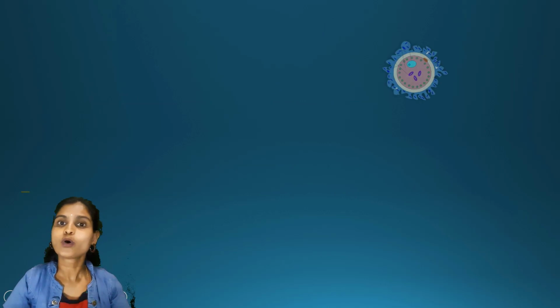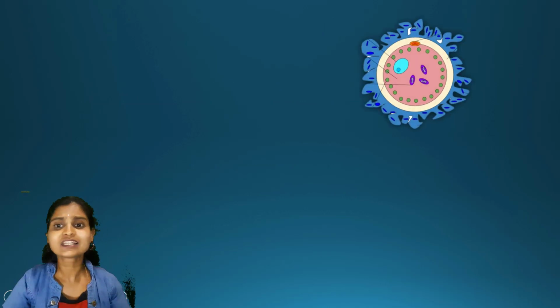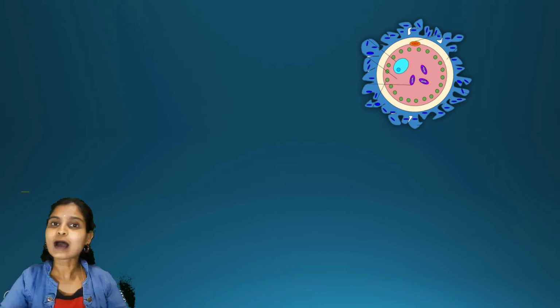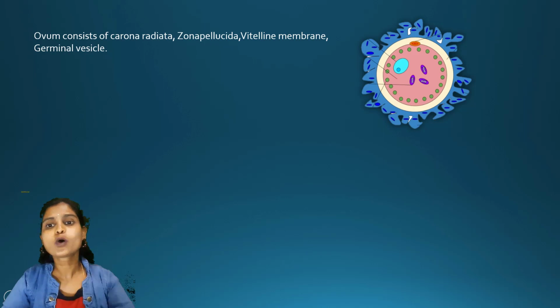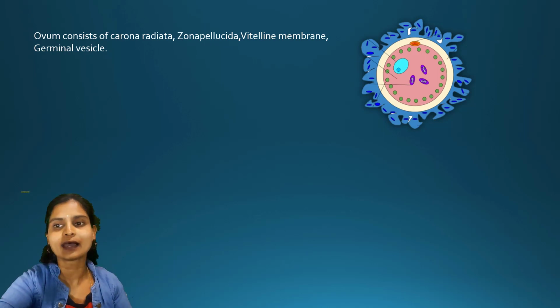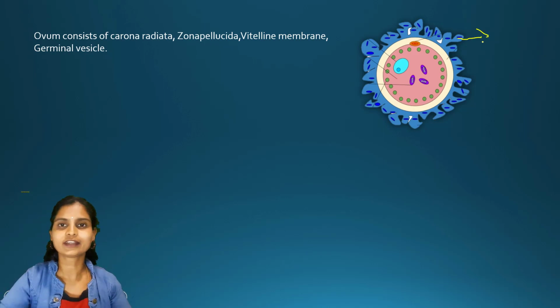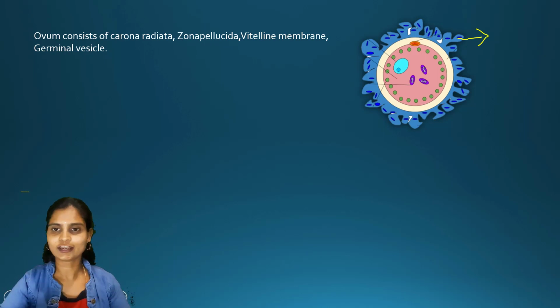Now we are going to study the structure of the ovum. When we see the structure of the ovum, there are many layers present. From outside to the inner side, the outermost is the corona radiata. Inner to the corona radiata is the zona pellucida.